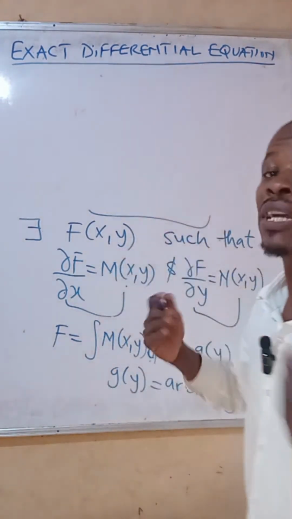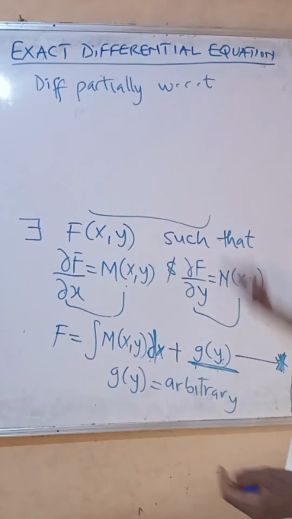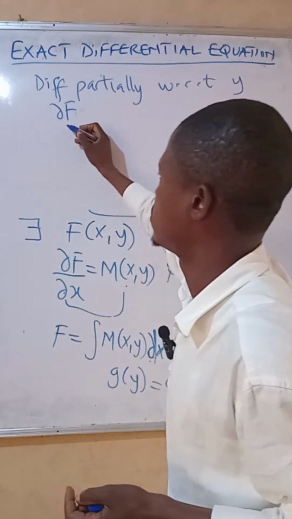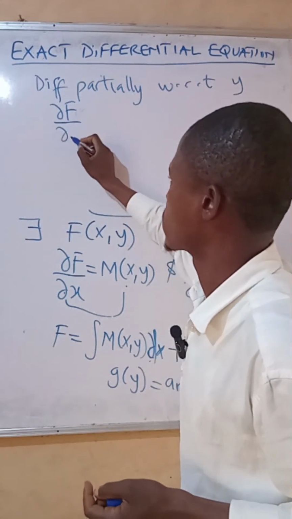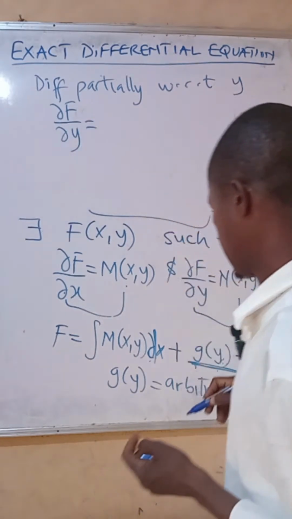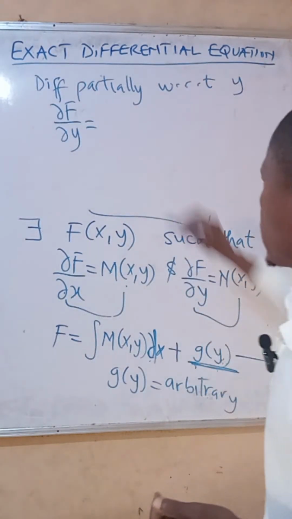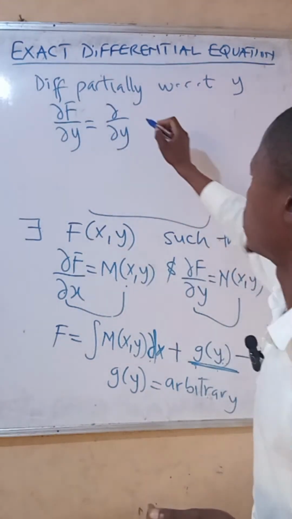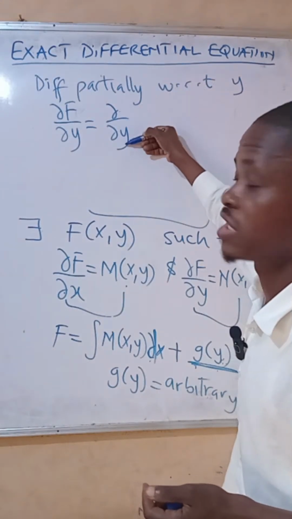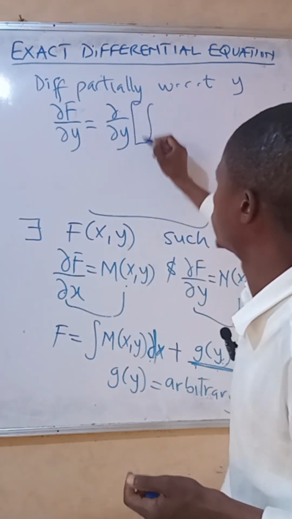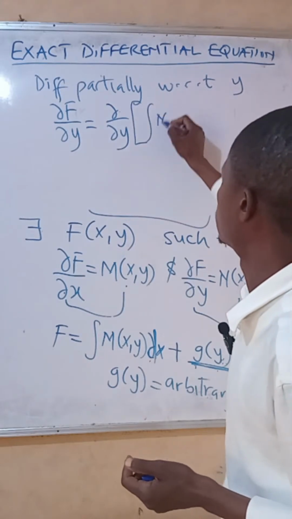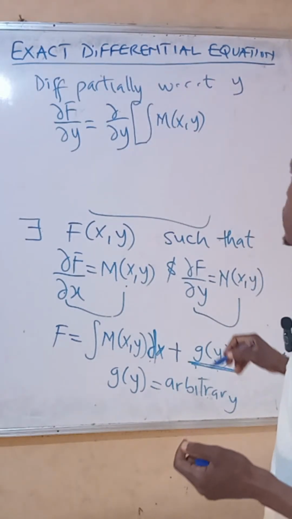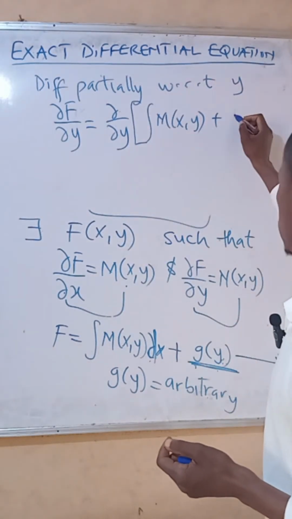So the partial derivative of f with respect to y equals the partial derivative with respect to y of your integral function, plus g of y.